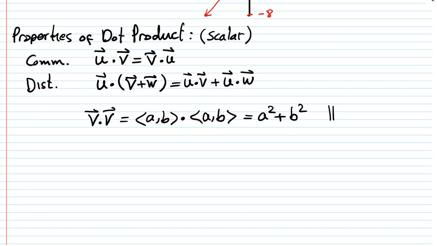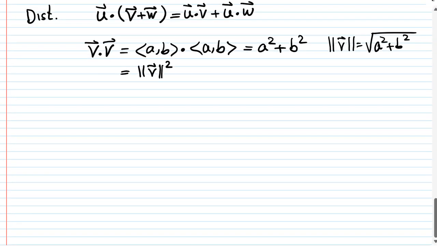And remember, the magnitude of vector v, we defined it in the previous lecture as the square root of a squared plus b squared. So what you see here is actually the magnitude of v squared, isn't it? So any vector dotted with itself gives you the magnitude of the vector squared.